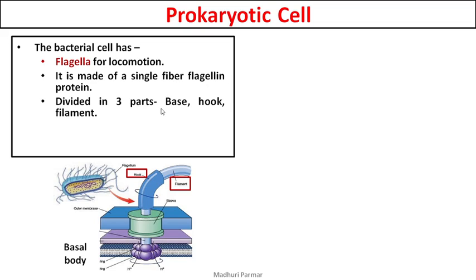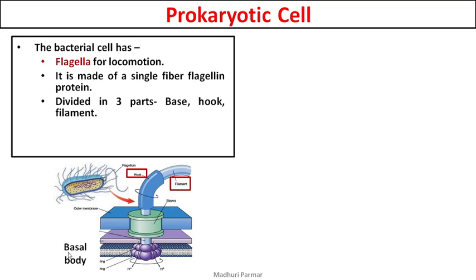The flagella is divided into three parts. Okay, you have this basal body. This is the outer membrane, or the cell wall. Okay, the cell wall outer membrane. And so beneath the cell wall till the cell membrane, you have some structures which are called basal body or basal granule.